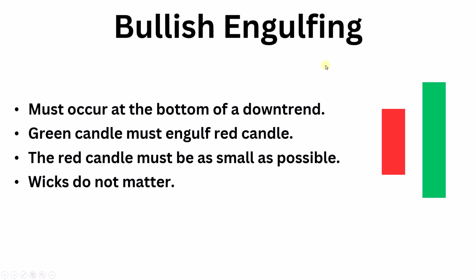If you are looking at a day time frame candlestick chart, then from past few days the price must have been coming down. So it doesn't really matter which time frame chart you are looking at, the price must have been coming down, and at the bottom of the downtrend this pattern must happen.